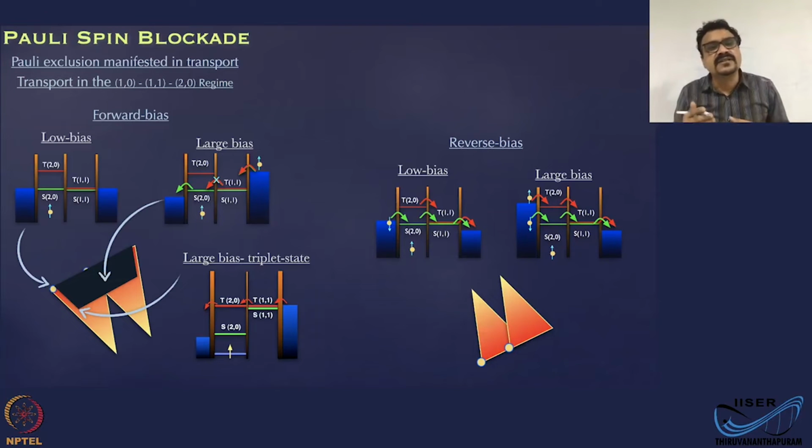That is the charge cycle we are referring to. Of course, the same thing can also happen in the opposite configuration where you start with 01, 11 and 02. But you will see that will happen at a different bias, basically the opposite bias. That we are not discussing here, but these two phenomena are the same.